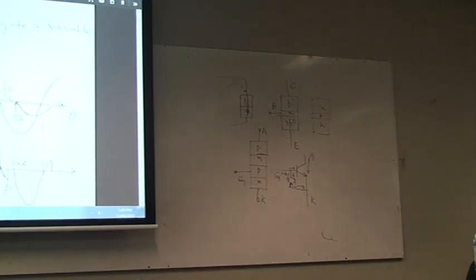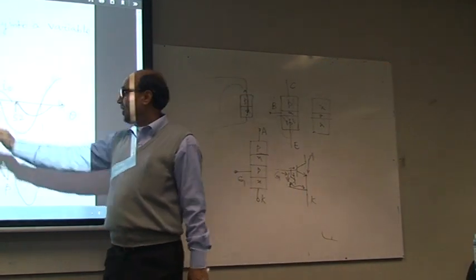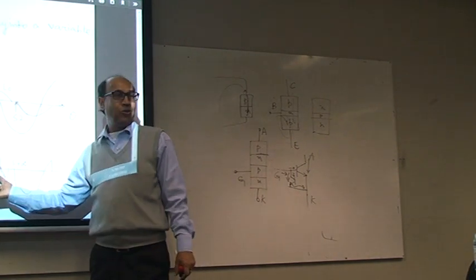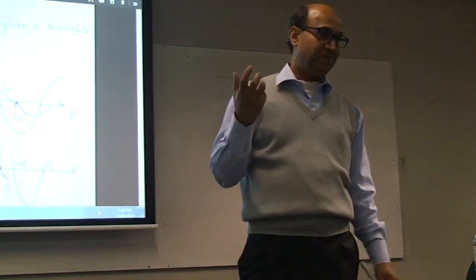One of the problems is you actually cannot switch it off once it starts. For AC applications, when the current goes to 0, it switches off. That's called natural commutation.